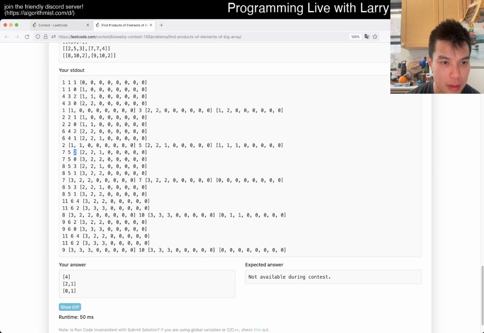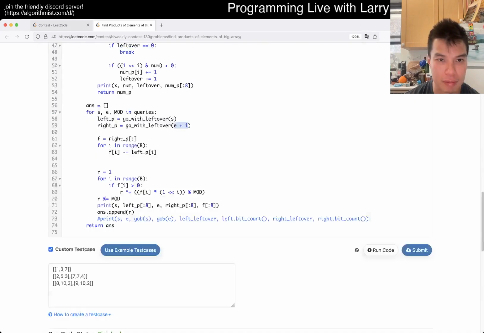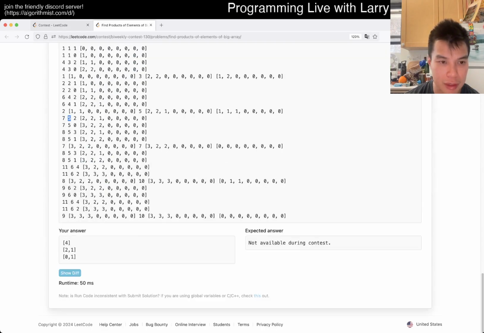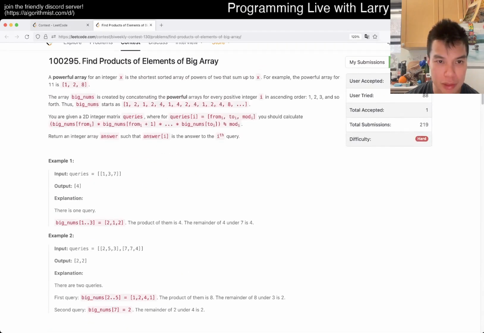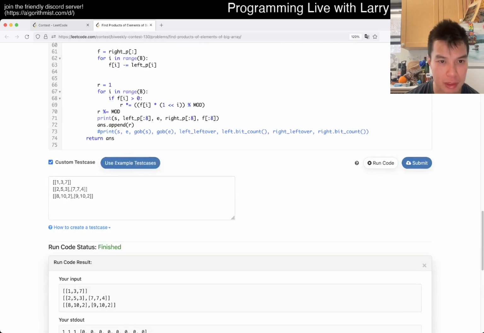So, oh wait, 5 should be a 6, right? That's what we keep on saying. Why is this a 5? Oh, wrong, wrong, wrong. 0, 1, 2, 3, 4, 5, 6, 7. And this is part of the 6, and it should have 1 on the 6, not 2 on the 7.